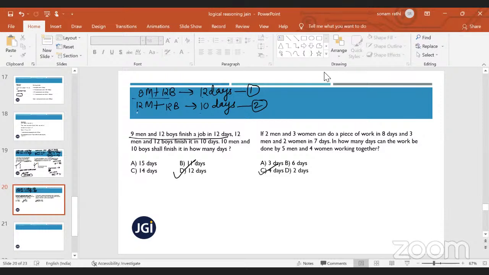So 12 nines are 108M plus 12 into 12, 144B. And then this will be 120M plus 120B. And then work on it.